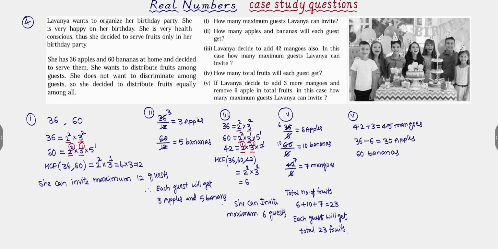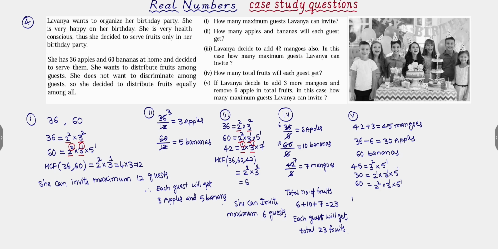Now we have to find the HCF of 45, 30 and 60. 45 is 9 into 5, and 9 is 3 power 2 into 5 power 1. 30 is 6 into 5, and 6 is 2 into 3, so 2 power 1, 3 power 1, 5 power 1. 60 we already wrote before: 12 into 5, that is 2 power 2 into 3 power 1 into 5 power 1.